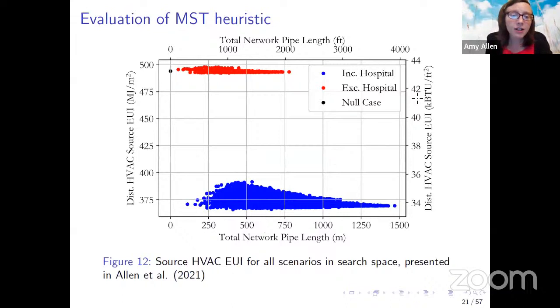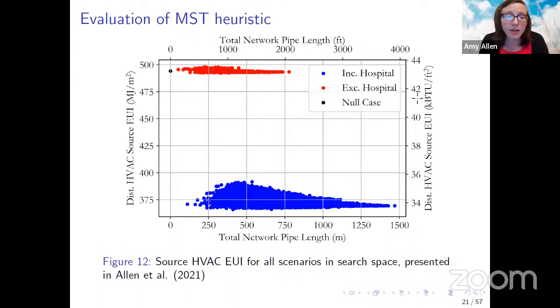And this plot shows the district level HVAC source energy use intensity for all solutions as a function of the network length. And one can see here again the same trend of bifurcation between scenarios in which the hospital building is served by the network versus by independent systems.